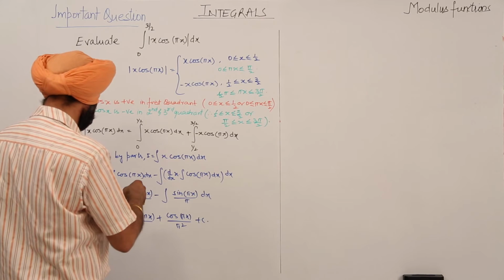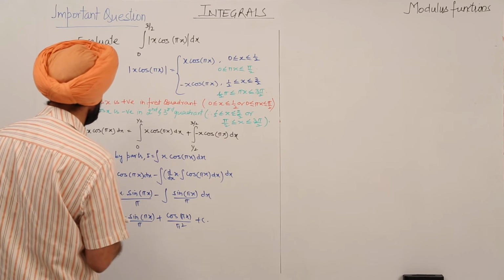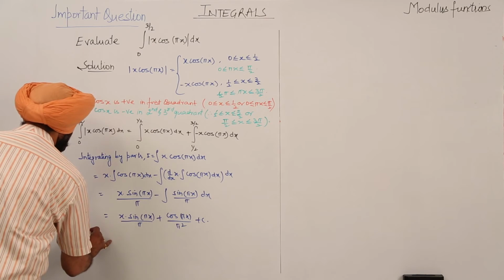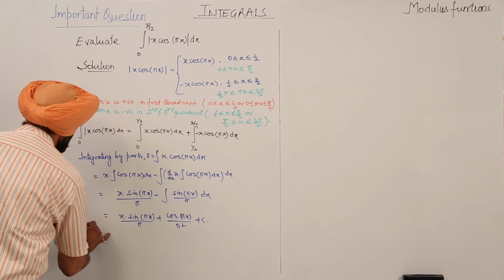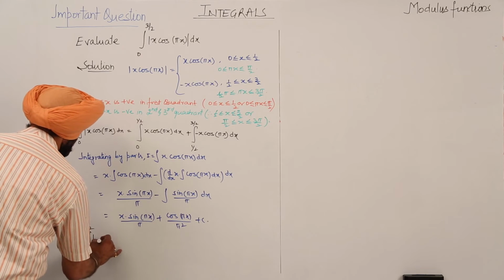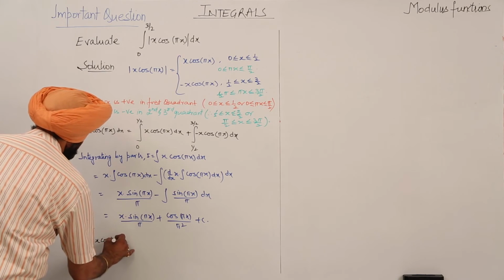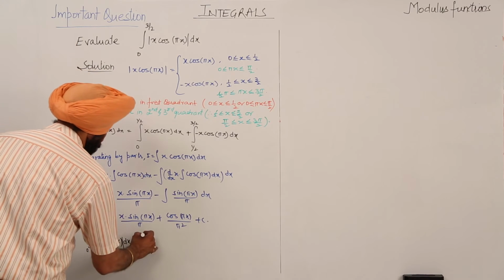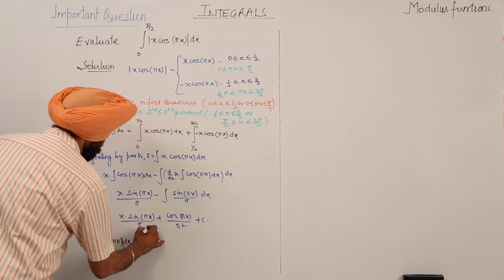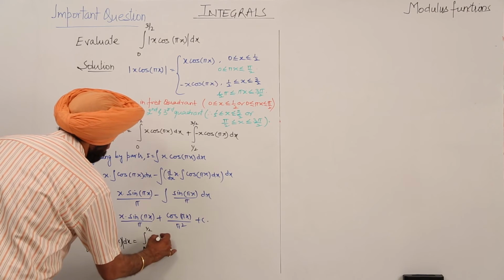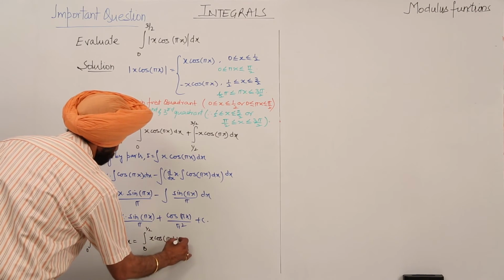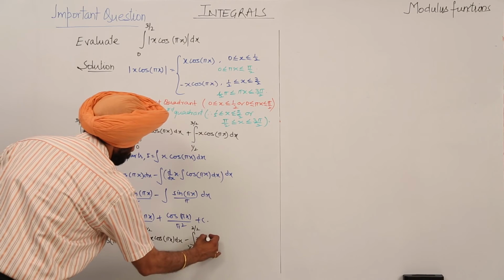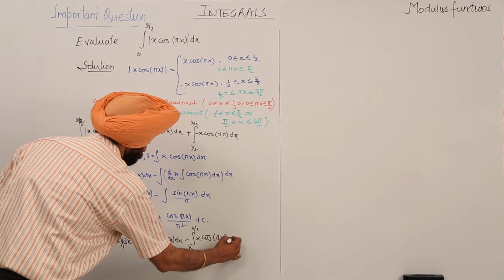So now what we are having is the integration from 0 to 3/2 of x cos pi x dx, which is equal to the integral from 0 to 1/2 of x cos pi x dx minus the integral from 1/2 to 3/2 of x cos pi x dx.